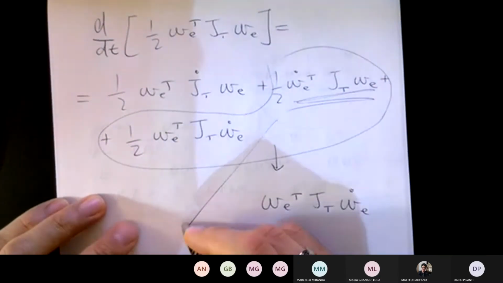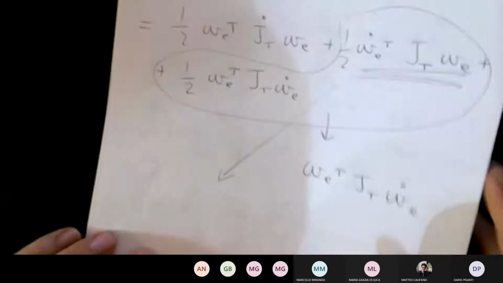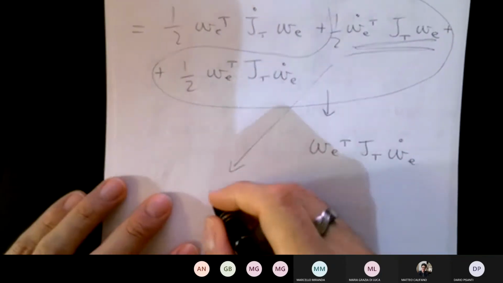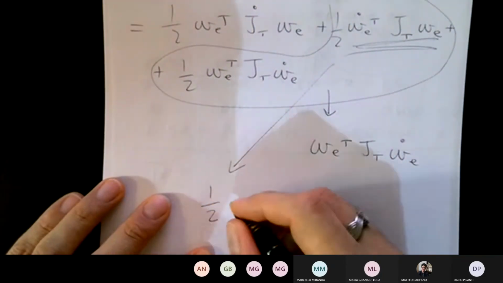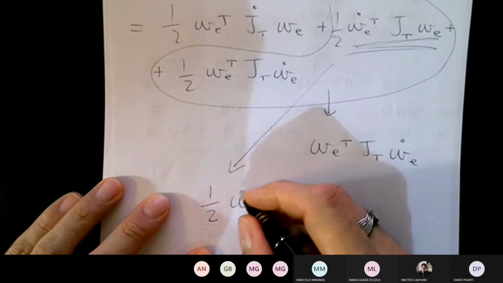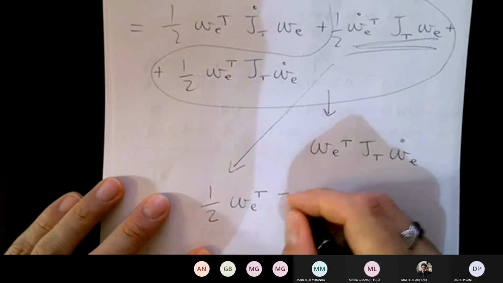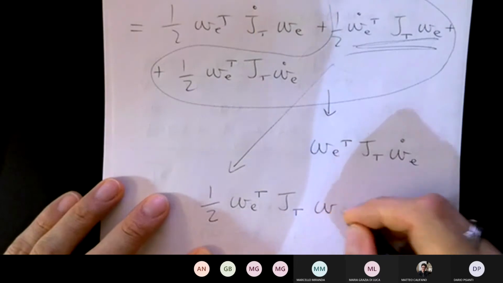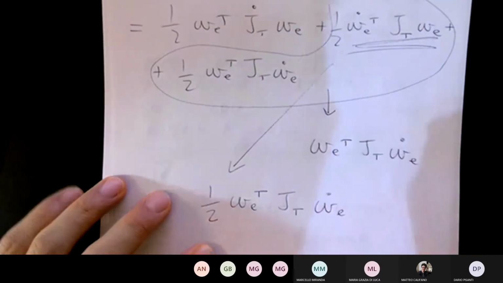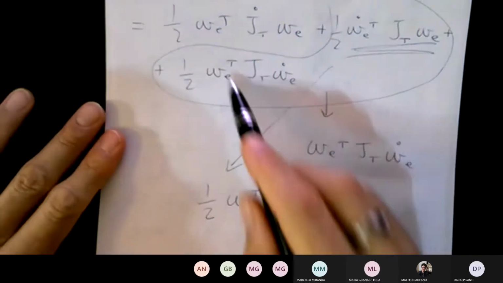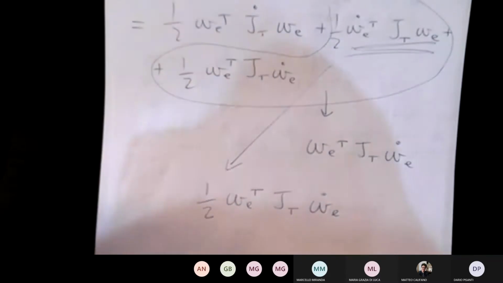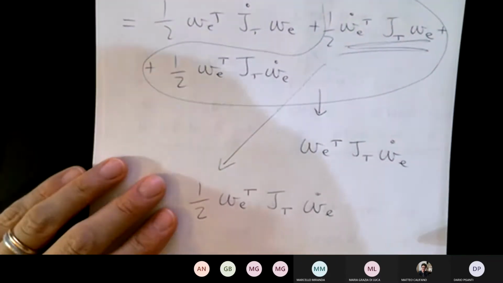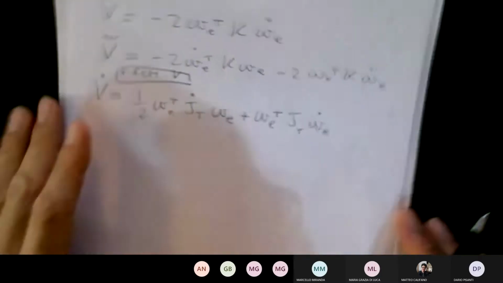But the rules about transposing products of matrices and vectors tell me that the transpose of that is 1 over 2 omega E transpose J, a symmetric matrix JT, omega E dot. Agree? And so you have two identical terms, you add them together, the 2 goes away. All right. So there's that.